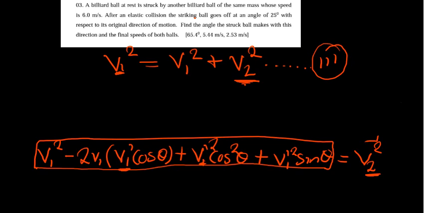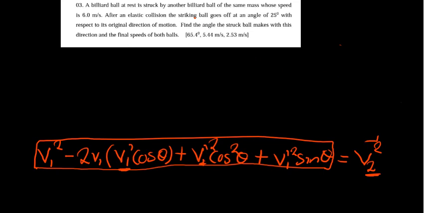So we are going to say our v1 squared is equal to our v1 final squared plus v2.